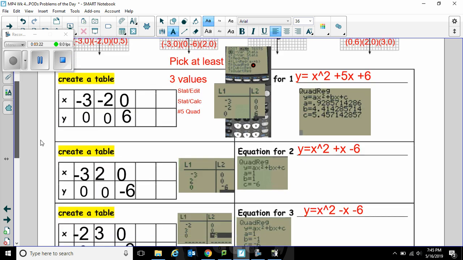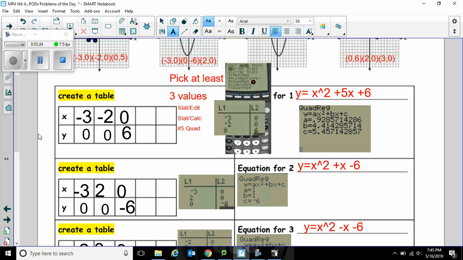I'm going to do the same thing for my second equation. I'm going to store these values here in my L1 and L2.